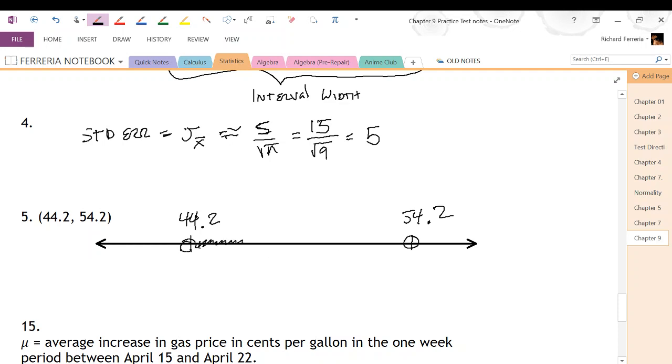This is the interval width from there to there. Right in the middle, that's x bar. Also, this is a margin of error, and this is a margin of error.